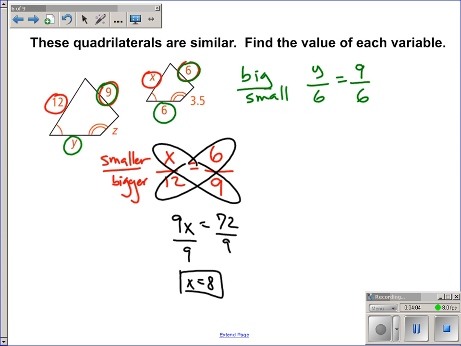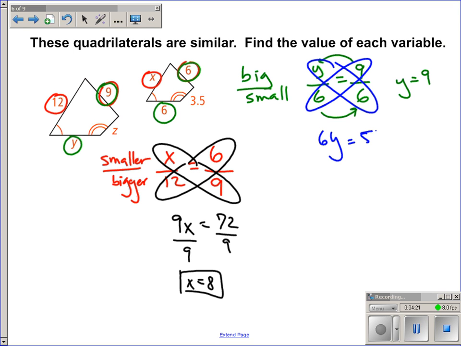Now if you're smart, you can look and say, well, these numbers are the same, so these numbers must be the same, so y must be equal to 9. If you want to cross multiply instead, y times 6 is 6y, and 9 times 6 is 54. Divide both sides by 6, y is equal to 9. You get the same thing.